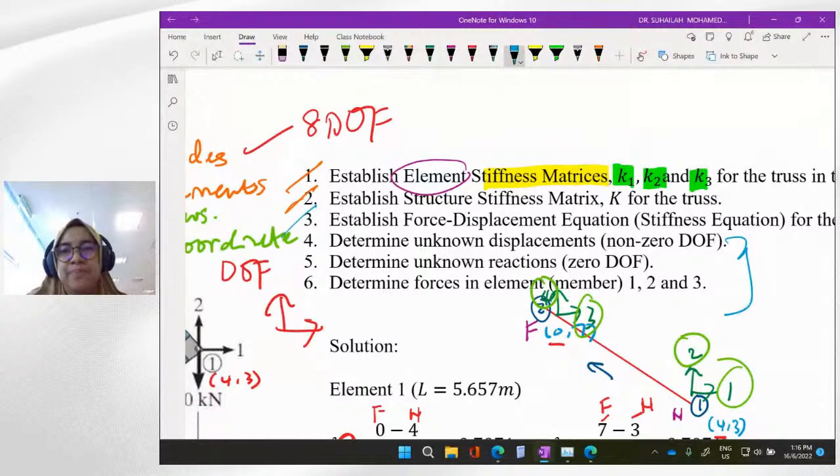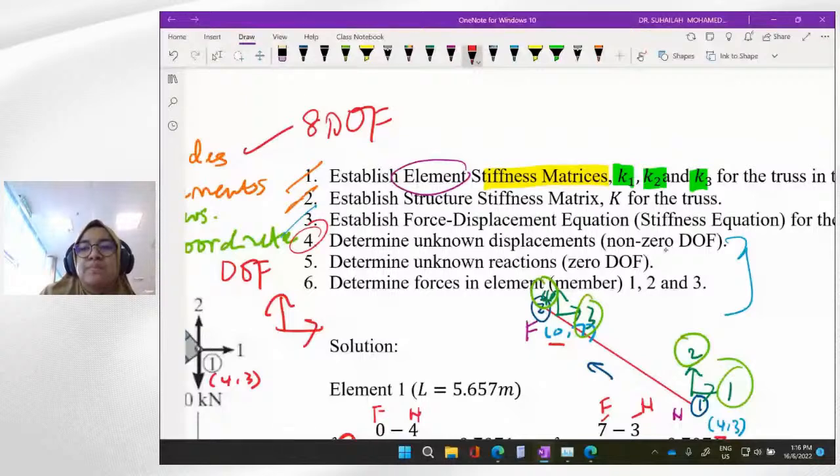Calculate displacement and then followed by reaction, and from the displacement as well, we can calculate member forces, because this is a truss. A truss has, besides reaction, also member forces. We can calculate member forces using displacement as well. So for step number 4, it will be used separately.